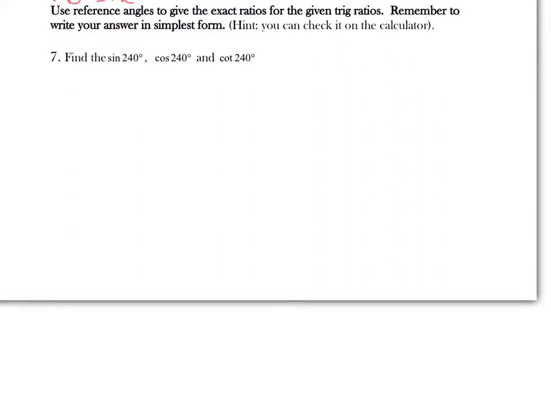Lastly, we want to use reference angles. The reason we have to use reference angles is because 240 degrees is not, we don't know what that is. It's some decimal, right? So we can draw it on my coordinate plane. If I'm starting at 0, this is 90, 180, 270.